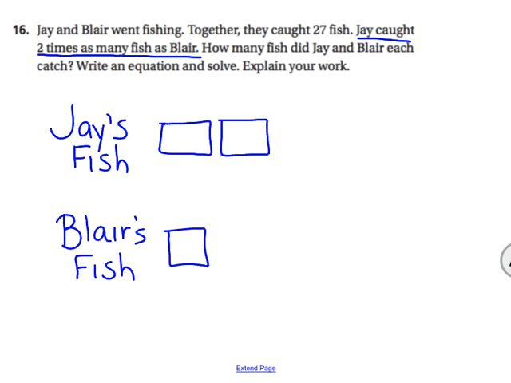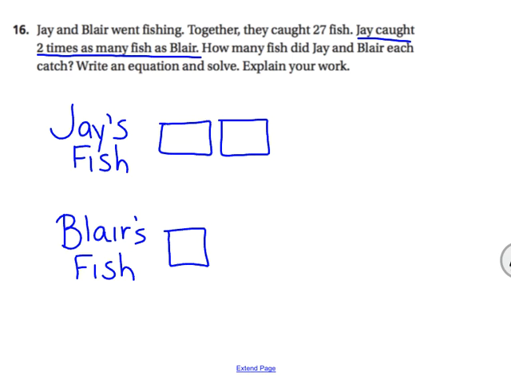So I have used this sentence to help me draw the bars. Now I'm done with that sentence. I don't need it anymore. So I go and look, what other information do I need to add to my bar model? And I notice that it says together they caught 27 fish. So together they means Jay and Blair. So together they caught 27.